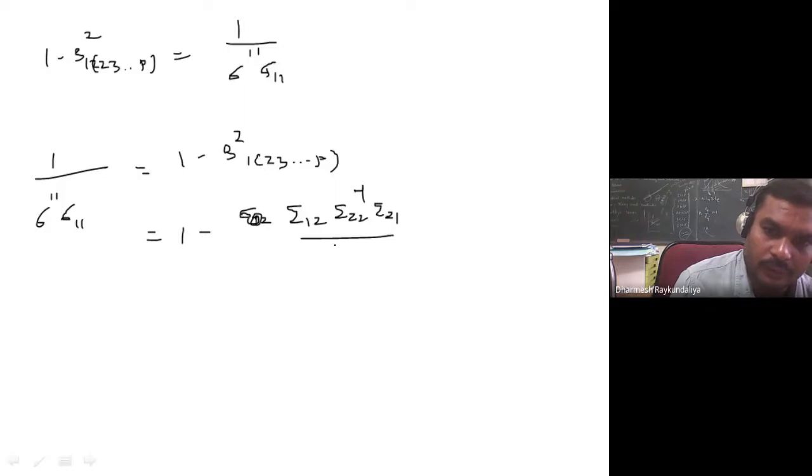ठीक है, इसकी जगह पे हम क्या लिख सकते हैं, 1 minus, इसकी फॉर्मूला हम जानते हैं, it is sigma 1 2 sigma 2 2 inverse sigma 2 1 divided by sigma 1 1.